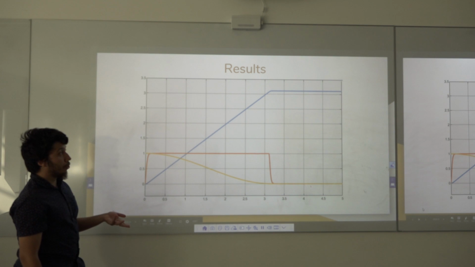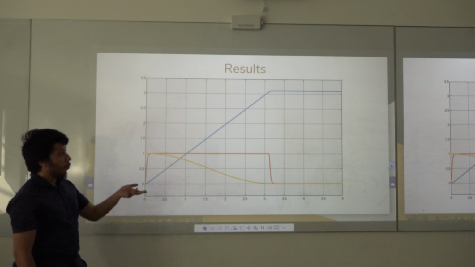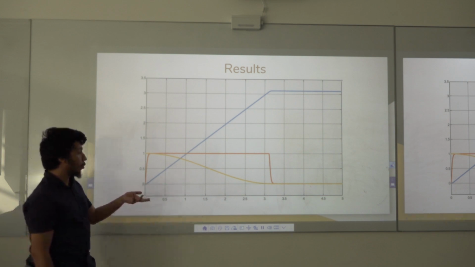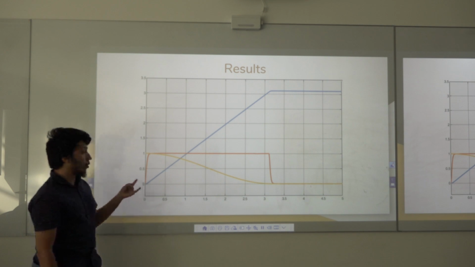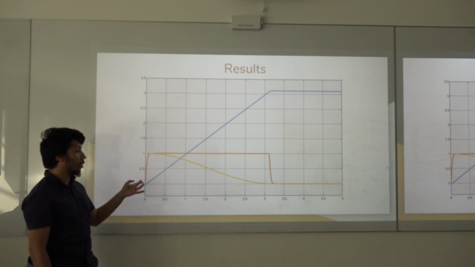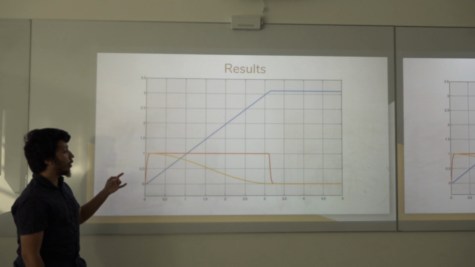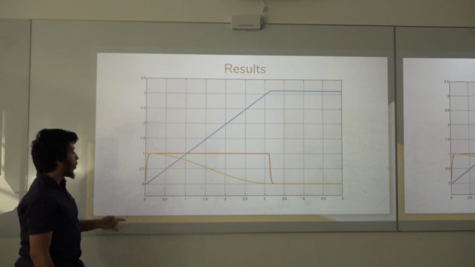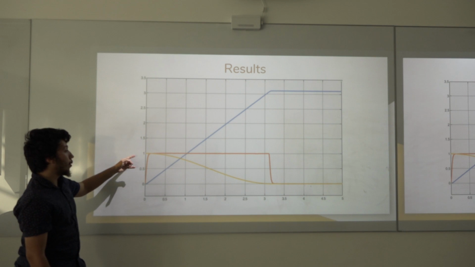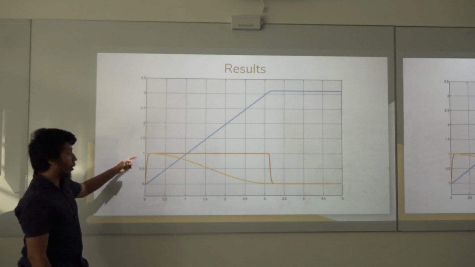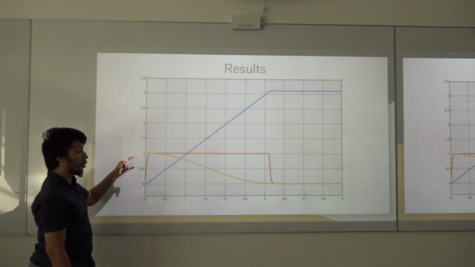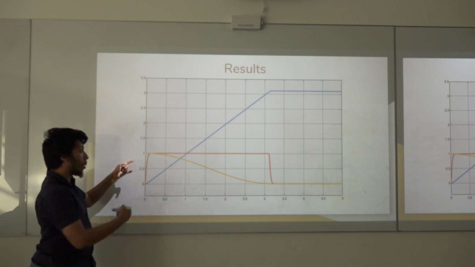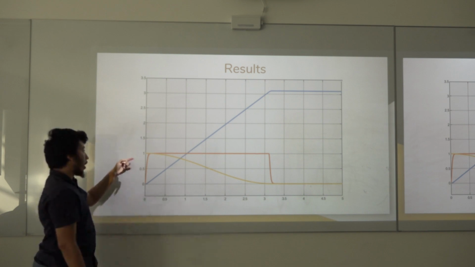The results are as follows after a simulation. The blue line shows the position of the controller, the orange line shows the velocity of the controller, and the yellow line shows the difference in our signals. As we can see at the start of our system, the signal strength starts with a difference of 1, since we started our antenna completely opposite to our source.